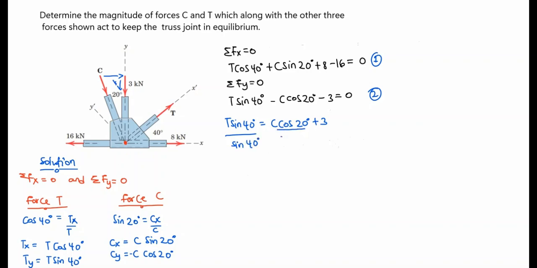Simplifying, T is equal to C cosine of 20 divided by sine of 40, which gives 1.462C, plus 3 divided by sine of 40, which is plus 4.667.